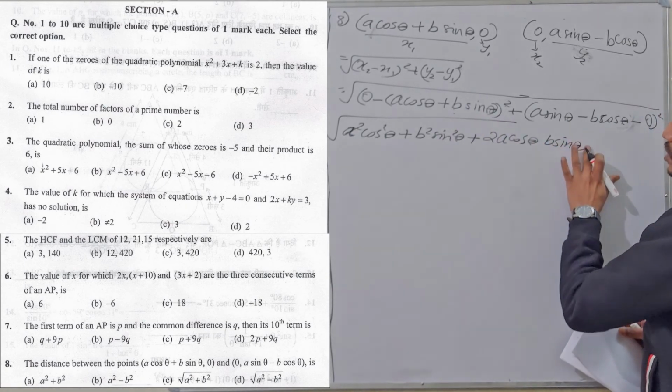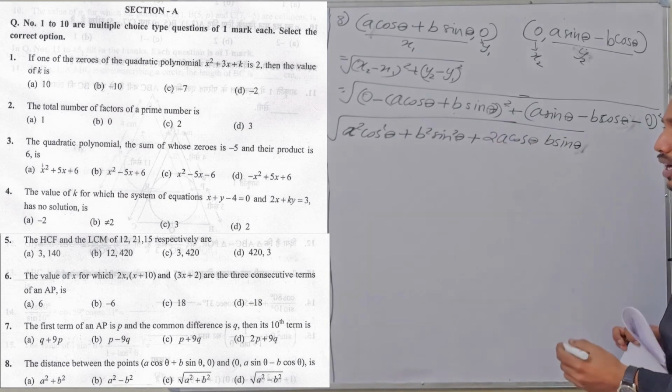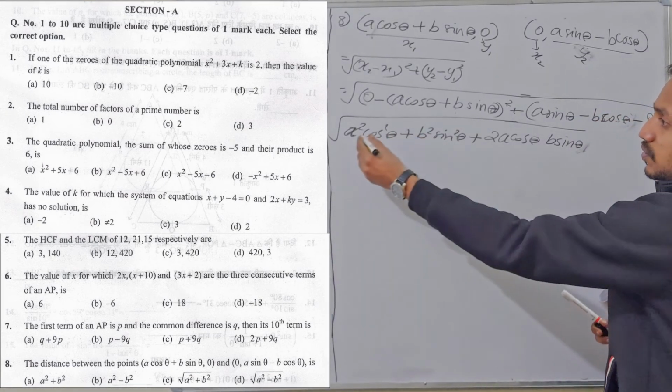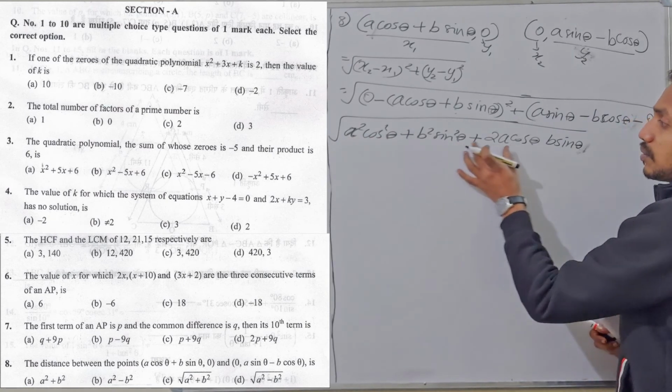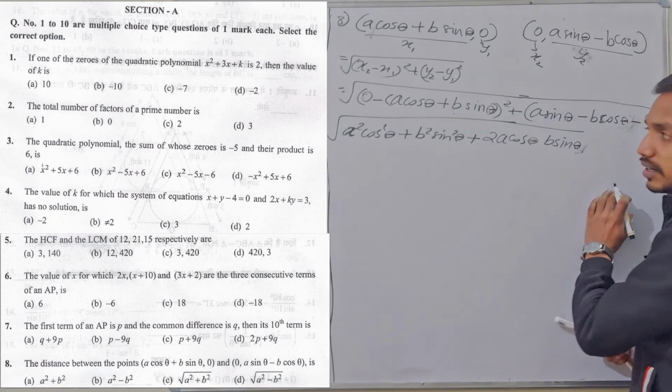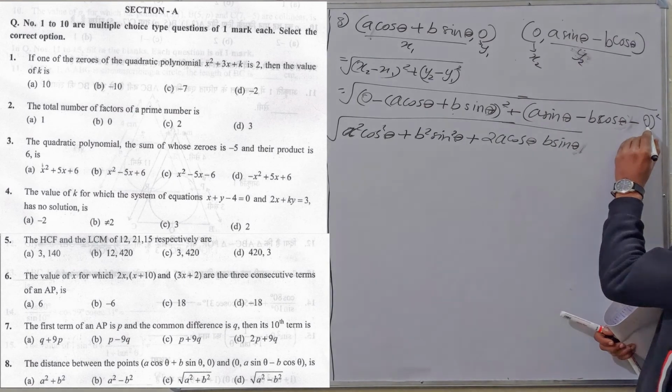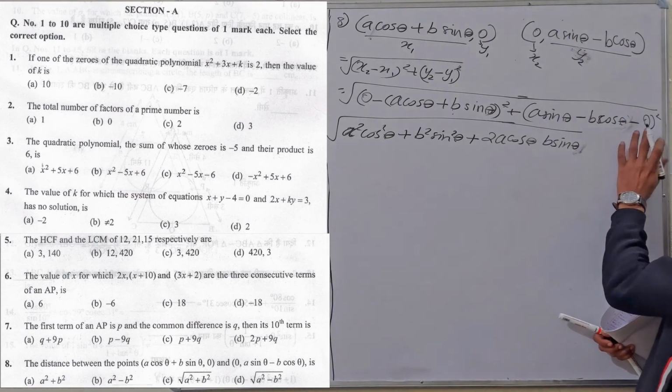This is the algebraic identity we have learned: x plus y whole square is equal to x square plus y square plus 2 into x into y.